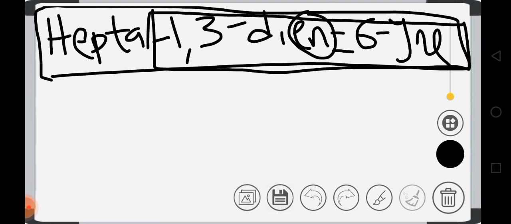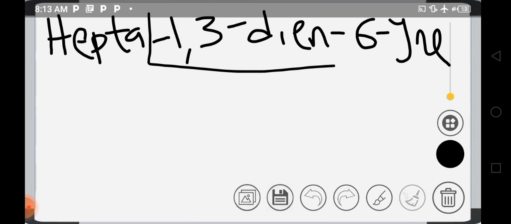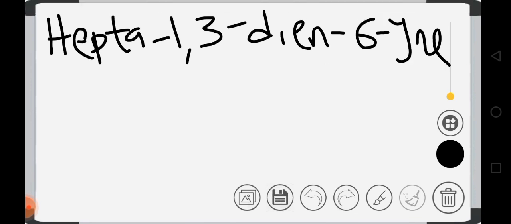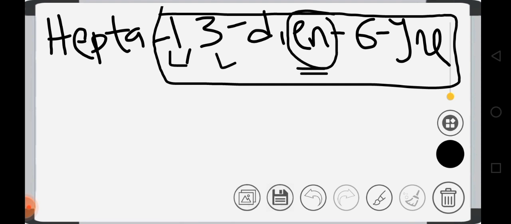I repeat, for this compound now, this last part is just showing the position of the double bond and triple bond. So please take note of that. It's very, very important. It's telling us that we have a double bond in number 1 and 3 carbon atom, and we have a triple bond, which is yne, in the number 6 carbon atom.